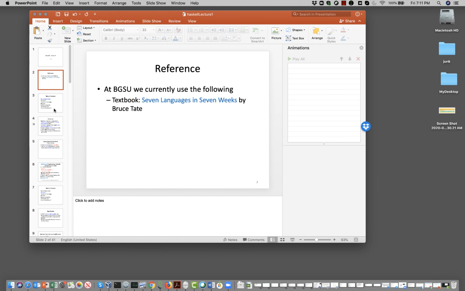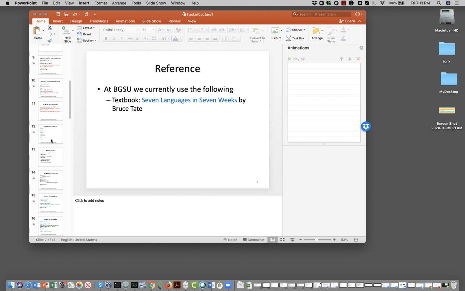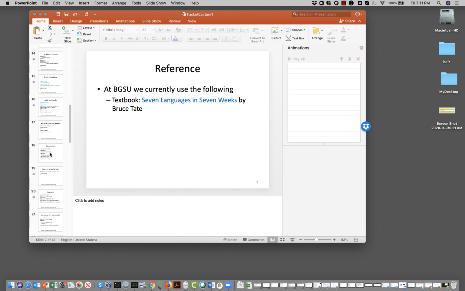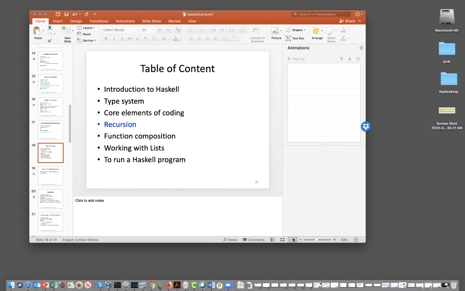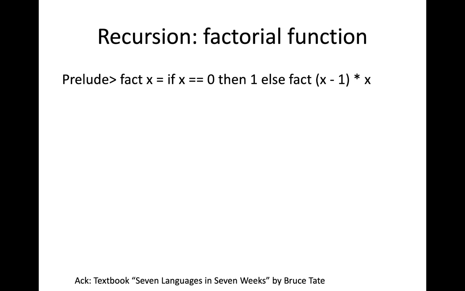Now let's move to part 2 of lecture 1, where we start recursion in Haskell, and this is one example. We are writing this recursive function fact, which takes one parameter x. We are trying to compute the factorial of x, and the body of this function is the remaining part on the right hand side of the equals symbol.